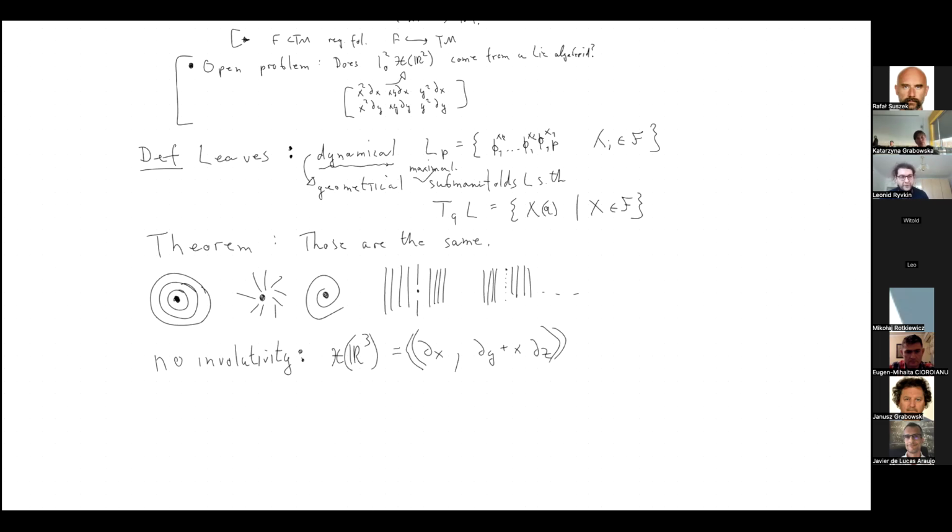Those two vector fields, in every point, they span a two-dimensional distribution. It is not involutive. If we take Lie brackets of those, we can reach the whole space. And if we would follow flows of those two vector fields, we would also be able to reach the whole space. So here, a dynamical leaf, there is only one, is the whole of R3, and somehow the geometric leaves don't really exist.